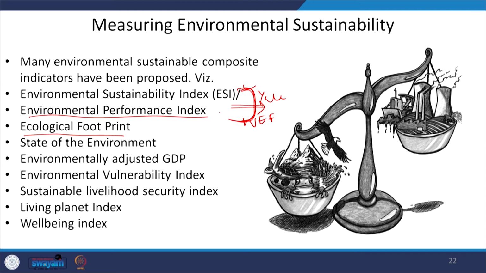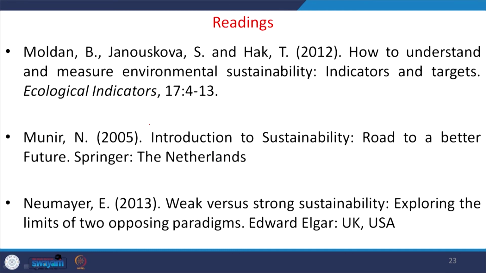So, these are some of the indices that are already in the literature in order to measure environmental sustainability. Among all these indicators or indices, we will be highlighting two in detail: the first one is the Environmental Performance Index and the second is the ecological footprint. These two we will discuss in the next class.